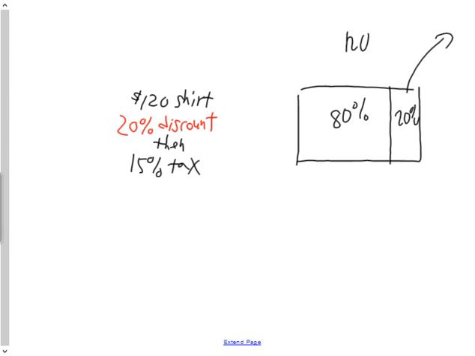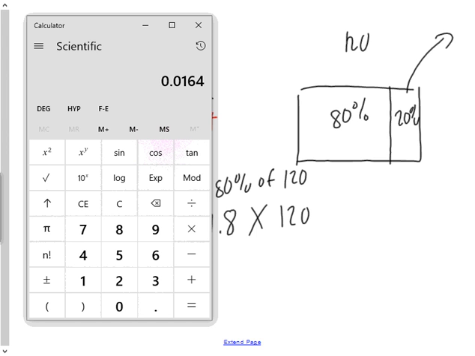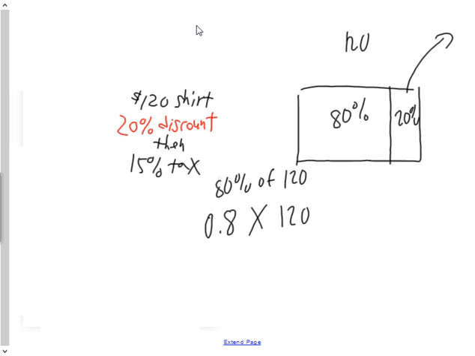So what we learned yesterday is if you have a 20% discount, your first step is to say, I want to know what 80% of $120 is, or 0.8 of 120. That's the calculation you need to do for 1 point. Grab your calculator and say, what is 80% of $120? And the calculator will tell you it's 96 bucks.